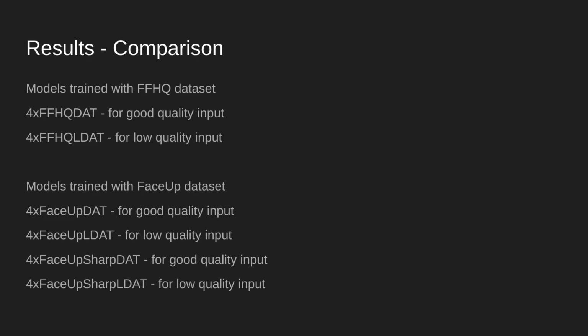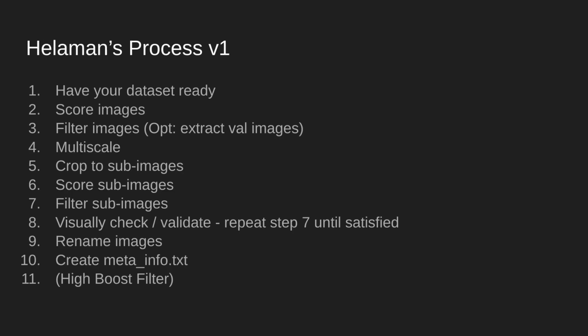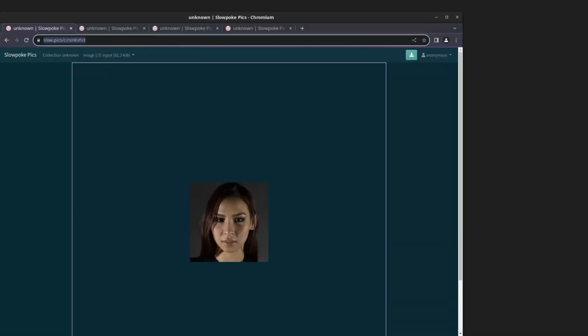Then I made the FaceUp dataset and trained models again with similar settings, so a FaceUp dot and FaceUp L dot again to handle noise. Then I made a sharper version, without using an unsharp mask, but by sharpening the input images prior to training, because I talked about it previously.